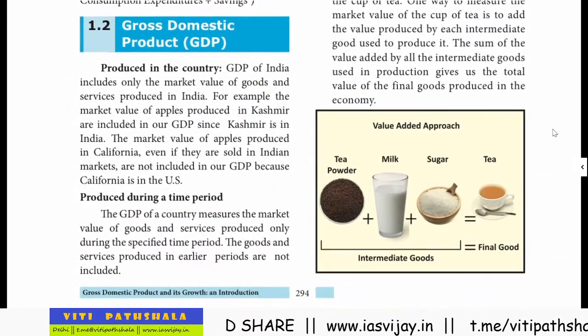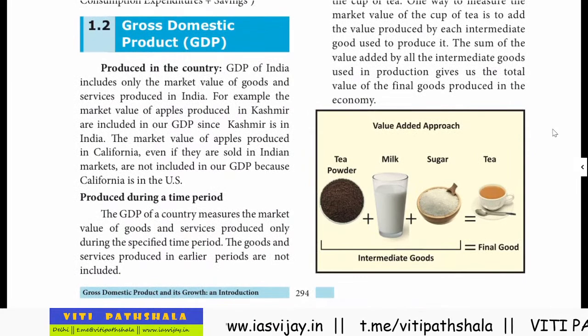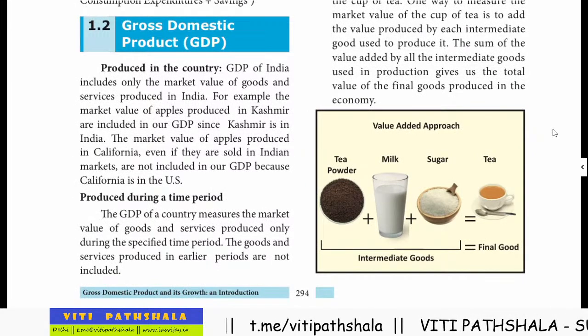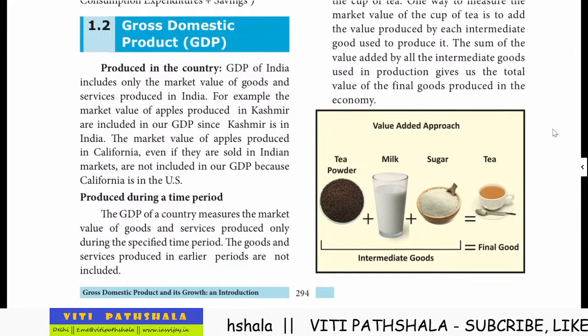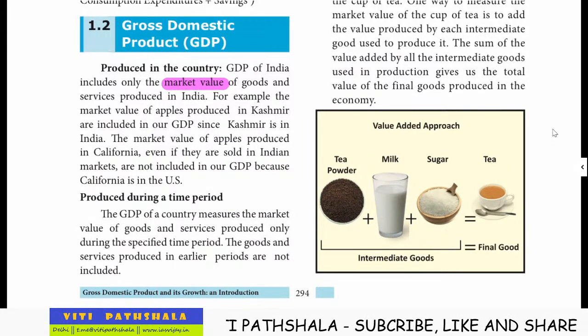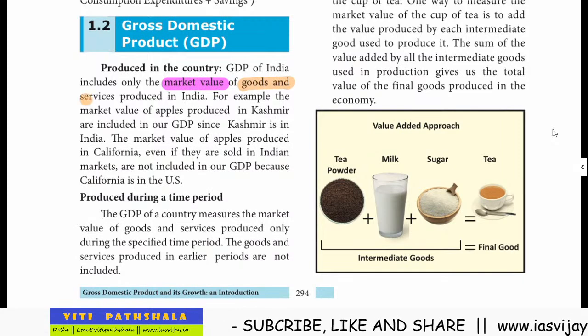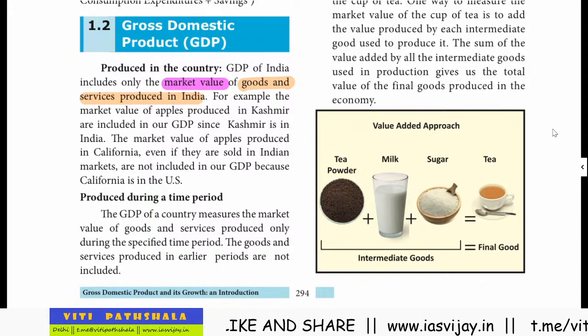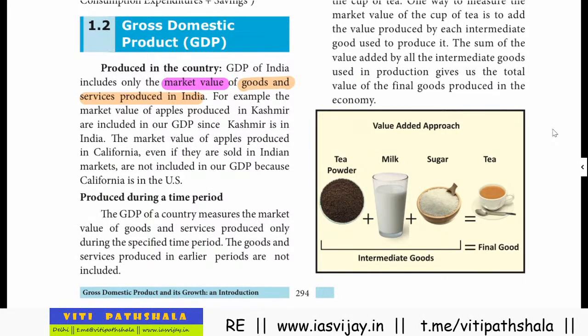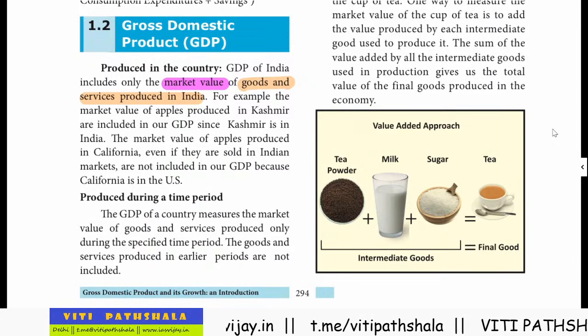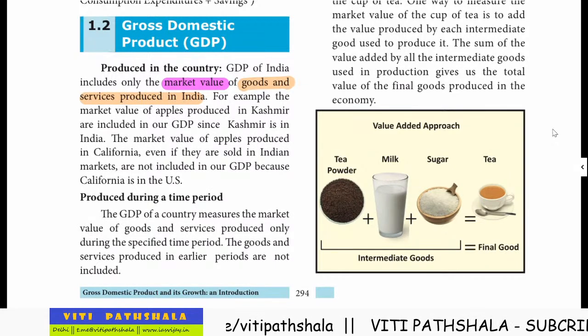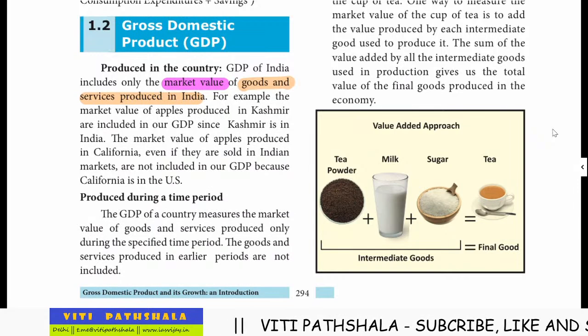Next comes the gross domestic product. Now, produced in the country. GDP of India includes only the market value of goods and services which are produced in India. So, for example, the market value of apples produced in Kashmir is included in our GDP since Kashmir is in India.